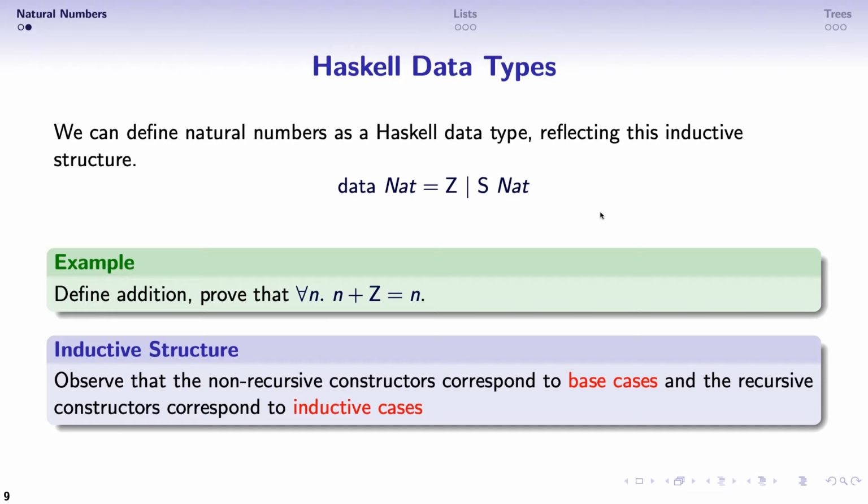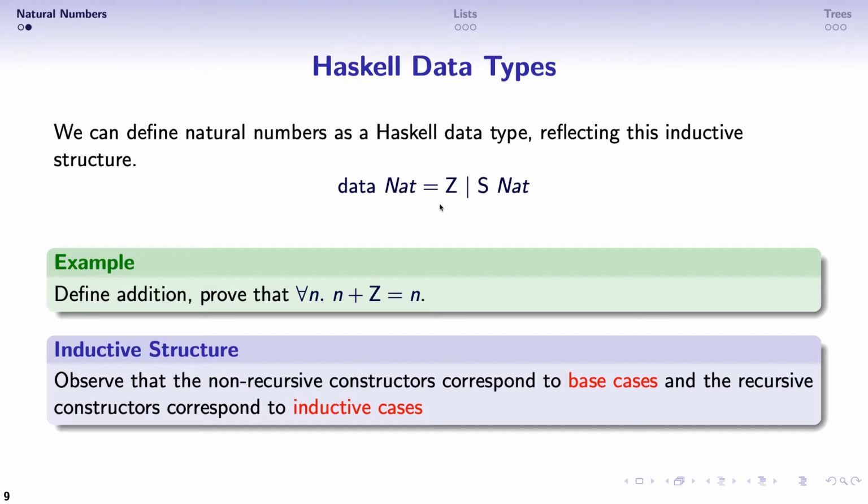And this is a hint that we have an inductive structure here. Now, it's possible to define weird data types in Haskell that do not have inductive structure, but for most normal data types, they do. If there's time and we have a bit of an extension period at some point, maybe I can talk about those data types that are non-inductive in Haskell. But for now, let's just assume that all our data types are inductive.